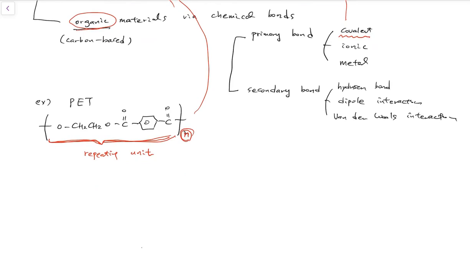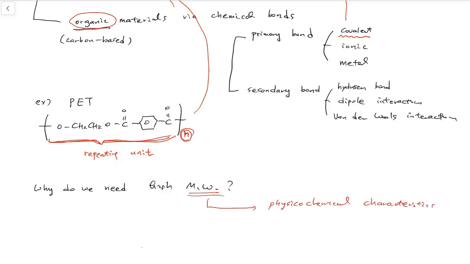We have already learned that polymers have high molecular weight, right? Then why do we need high molecular weight? What if we only have very small molecular weight polymers? We'll learn in later sections that molecular weight determines many physical or chemical characteristics of polymers.